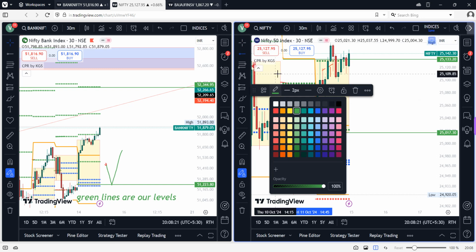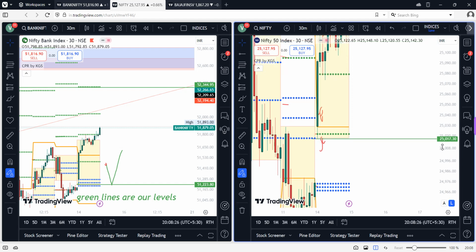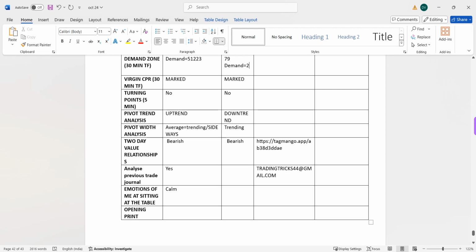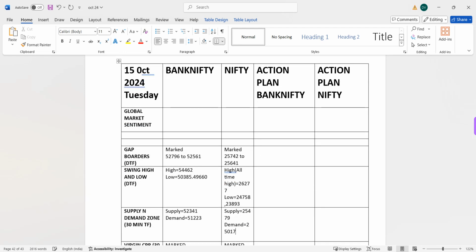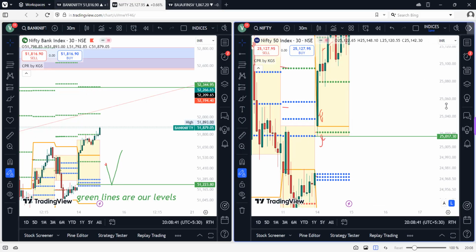The color coding here is green. 25,017 is the demand zone. Now let's mark the supply zone here.